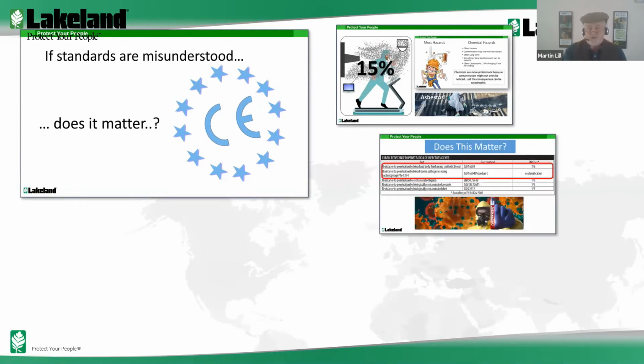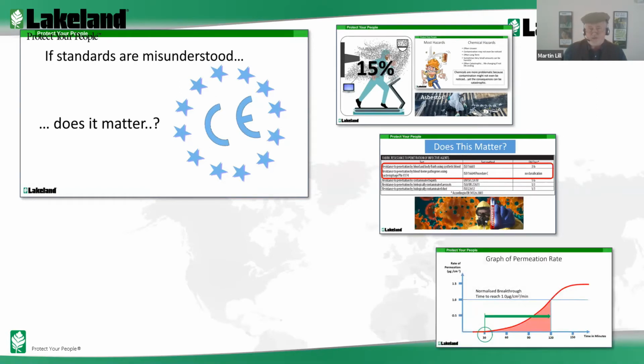We looked at the general misunderstanding around the EN 14126 standard for infective agent protection. And we looked at the widespread misunderstanding of the chemical permeation test and how that means that people assume that there's no contamination happening, whereas in fact, if you understand the detail, there could be some contamination occurring.